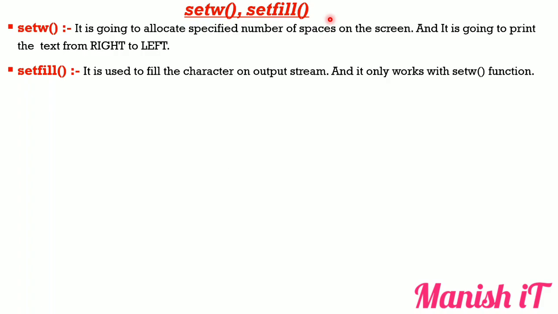So what is this? setw is nothing but it allocates a specified number of spaces on the screen, and it prints the text from right to left. It is a very important thing.